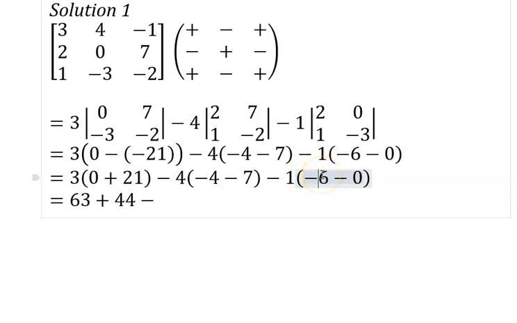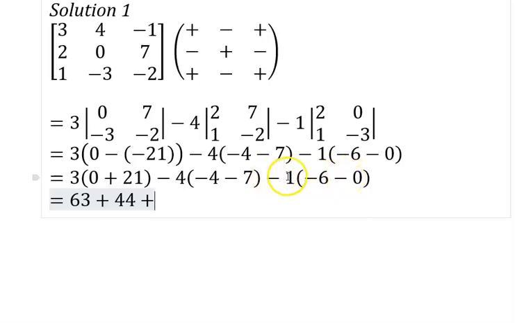That's why I say you watch carefully. So -6 minus 0 will give us -6. So -6 times -1, you see, that will definitely affect our sign. So while solving, you need to be very, very careful. So -6 minus 0 will give you -6.